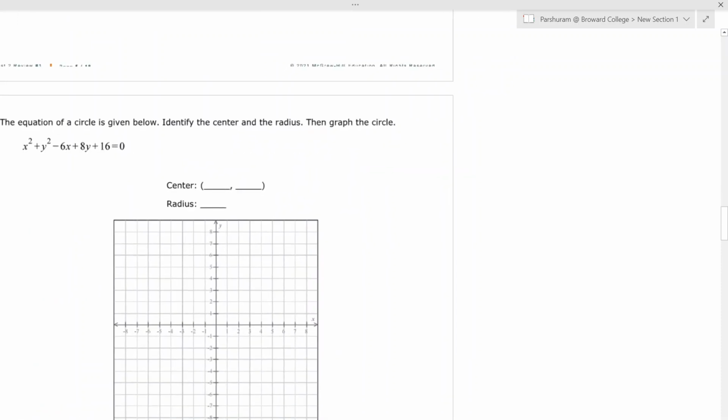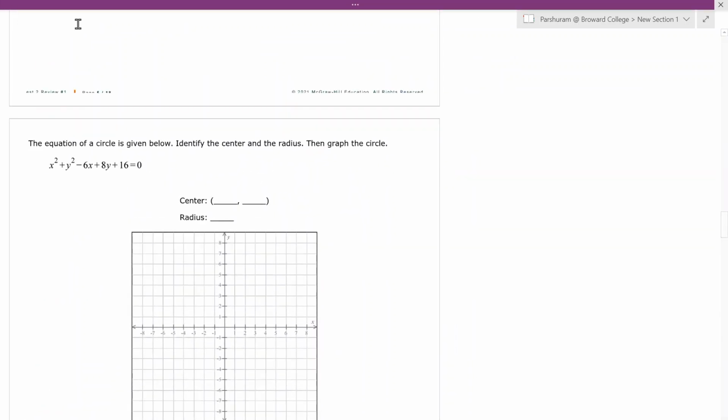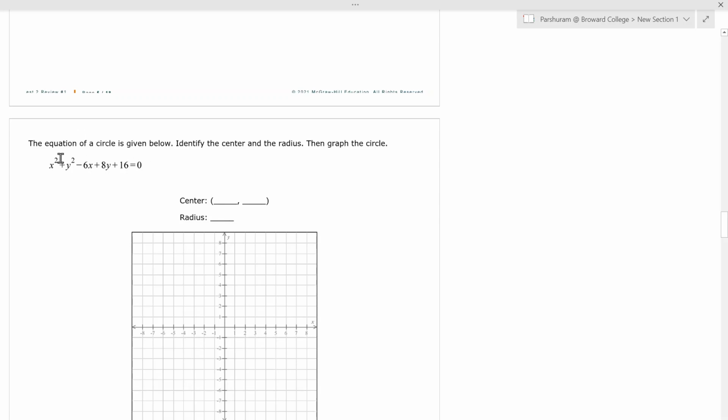Problem 17: we have a circle given in general form, and we need to find the center and radius. Keep in mind, if you are given a circle in general form, to find the center and radius you have to change that circle into standard form.